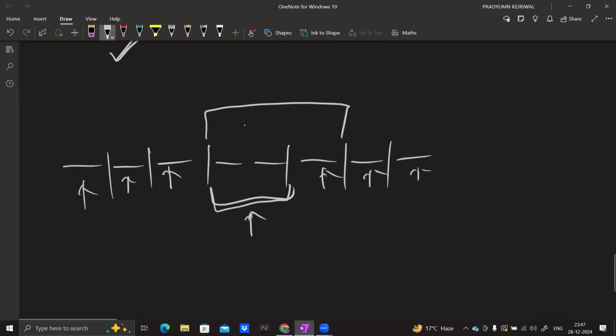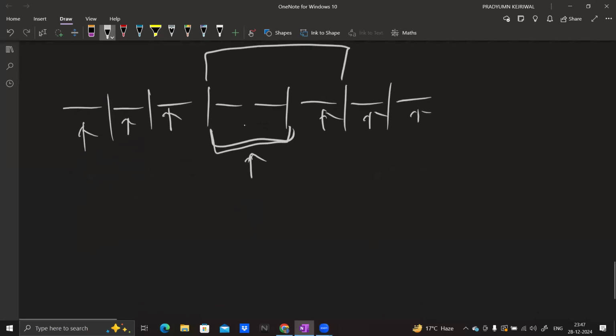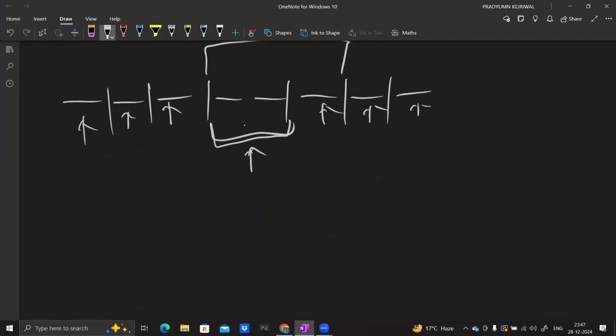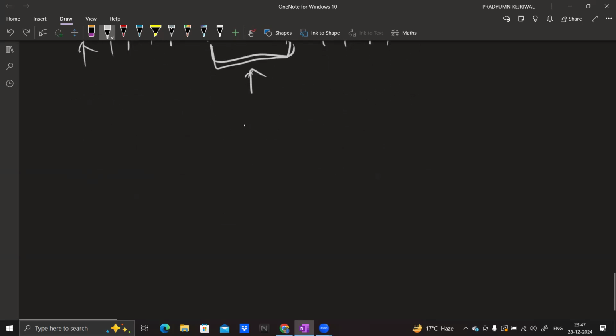So I'll just check whether this can happen or not. Basically, I have this array. Let's say I have 3, 4, 7, 9, and 8. First, I'll check whether these two are compatible or not.